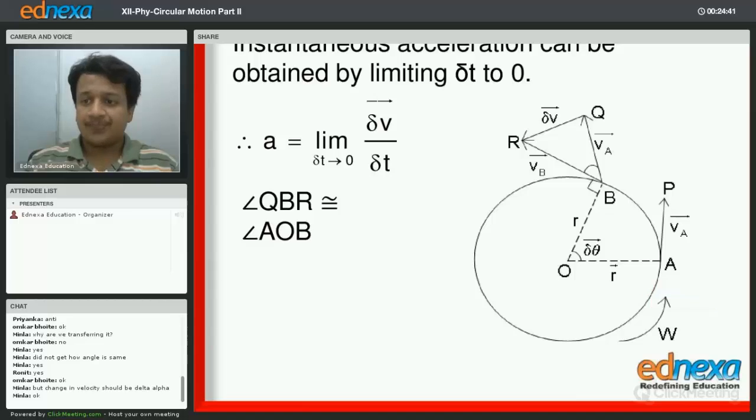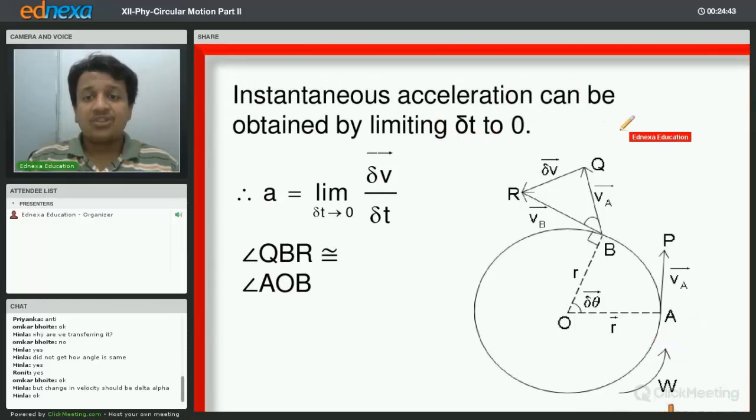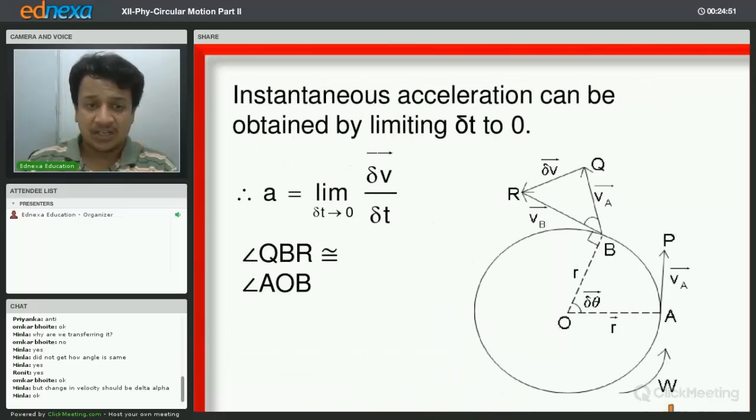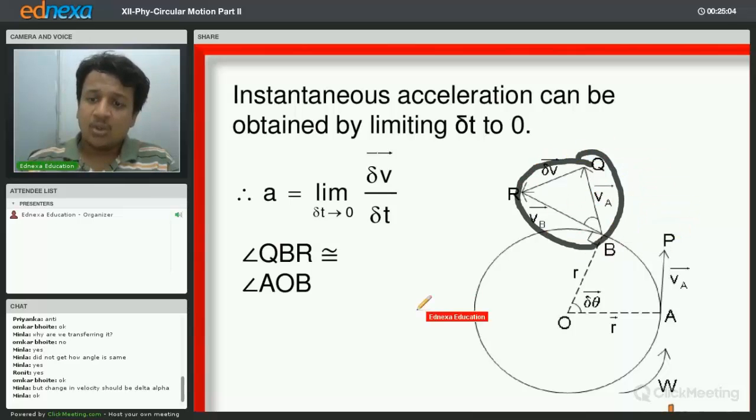Let's proceed further. Instantaneous acceleration can be obtained by limiting. Now delta V by delta t is average acceleration. Instantaneous acceleration is limit delta t tends to 0 of vector delta V upon delta t.